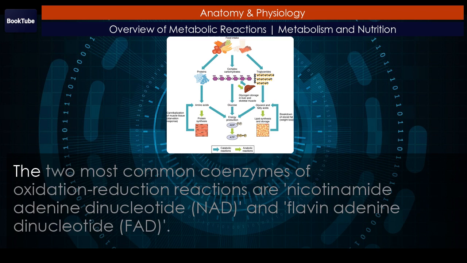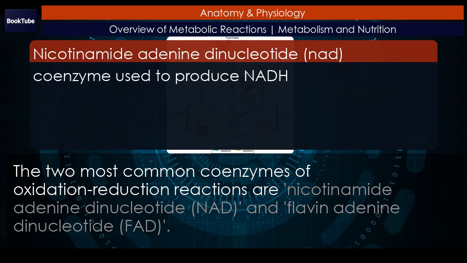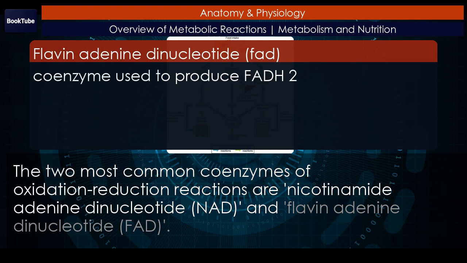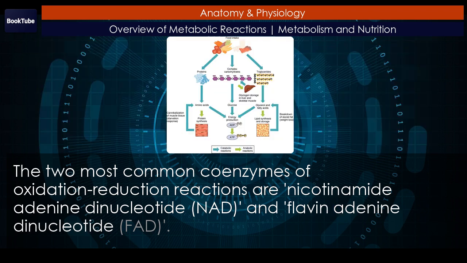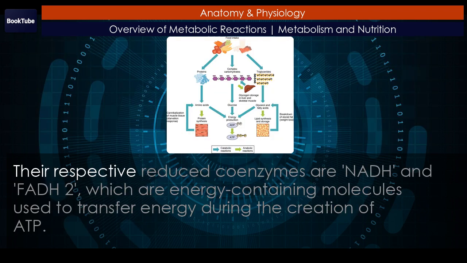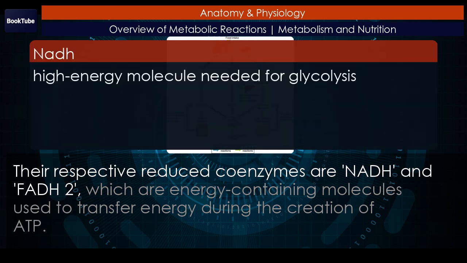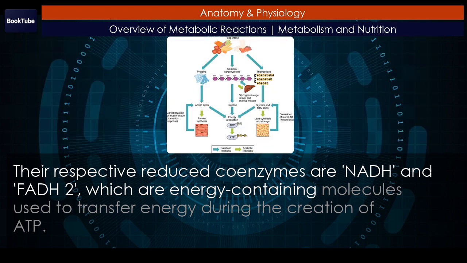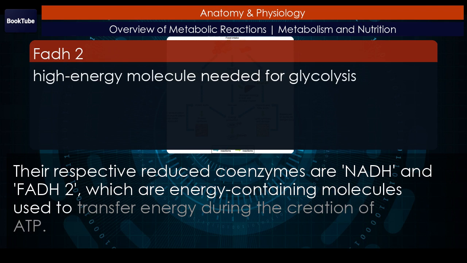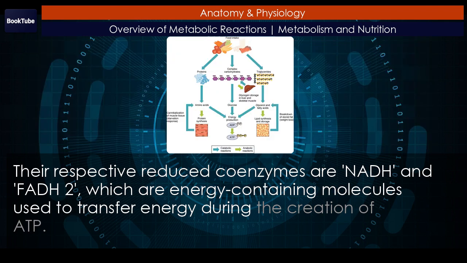The two most common coenzymes of oxidation-reduction reactions are nicotinamide adenine dinucleotide, NAD, and flavin adenine dinucleotide, FAD. Their respective reduced coenzymes are NADH and FADH2, which are energy-containing molecules used to transfer energy during the creation of ATP.